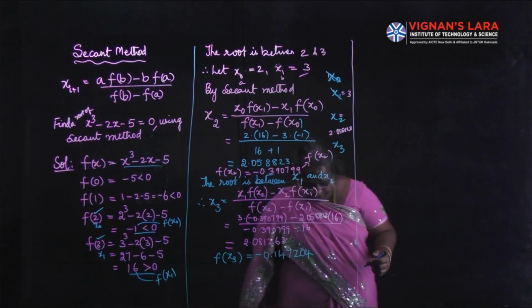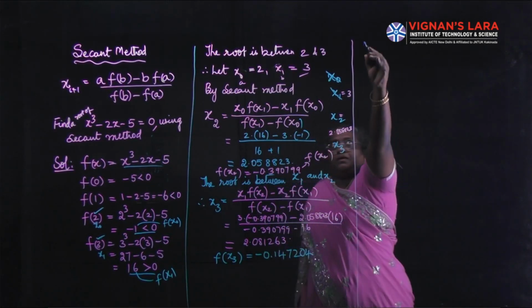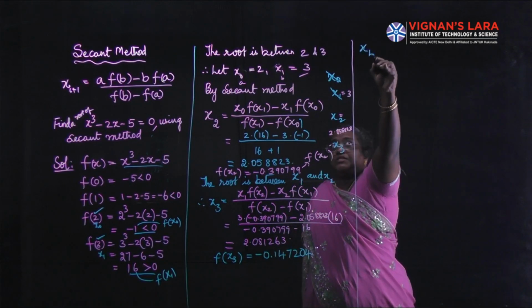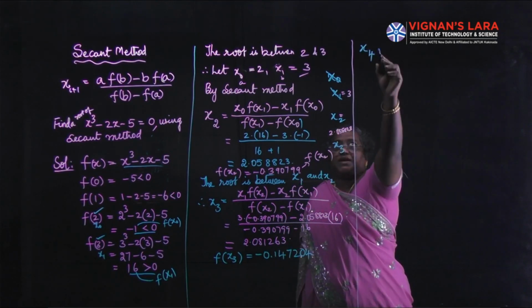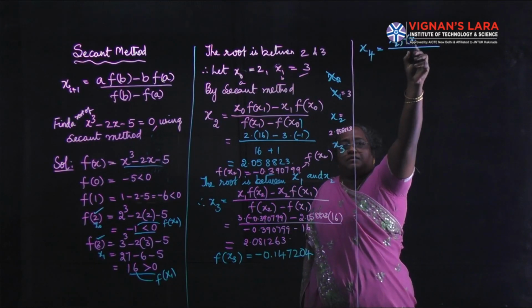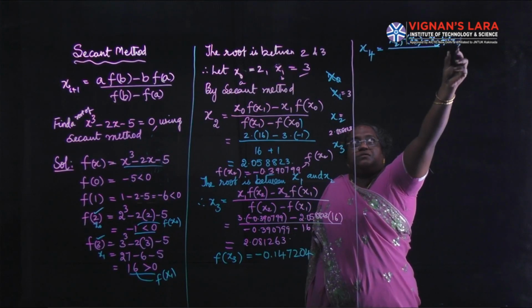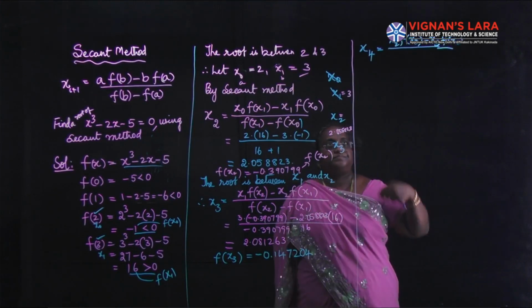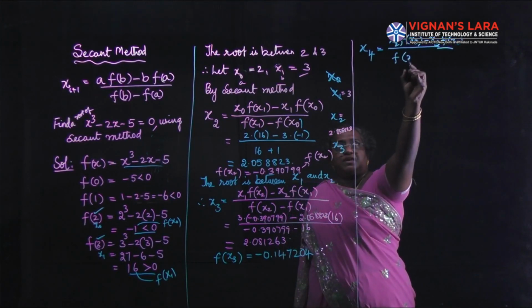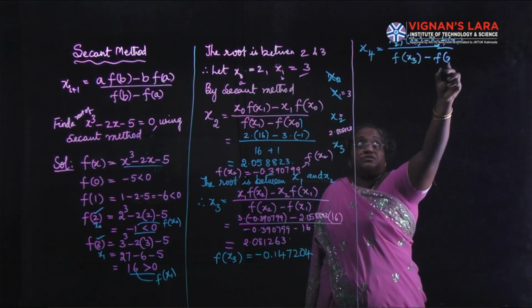We are not bothered with the sign of the function. Now x4 is a combination of x2 and x3. x4 is equal to x2 into f of x3 minus x3 into f of x2 by f of x3 minus f of x2.